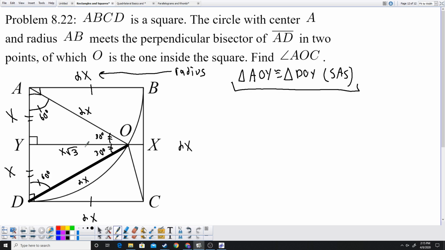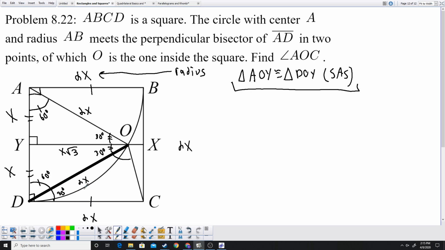Alright, that's interesting. So I have a chunk of the angle I need. Now I just need to find this part here. Well, I know that since the entire angle at D is 90 degrees, this angle has to be 30 degrees, since 90 minus 60 is 30. Huh, that's interesting. What else can we figure out?